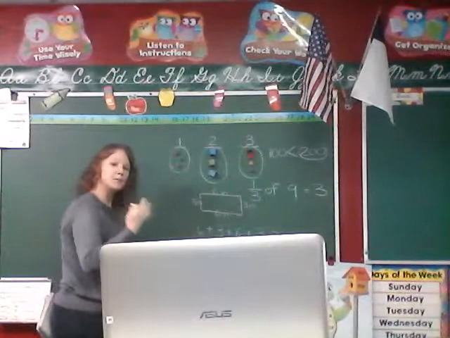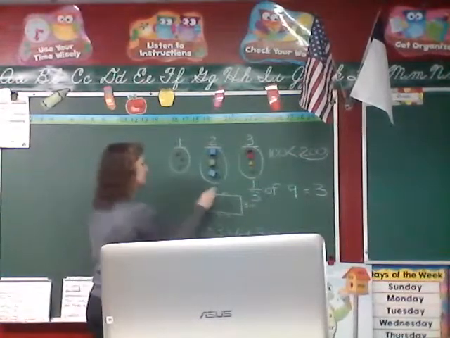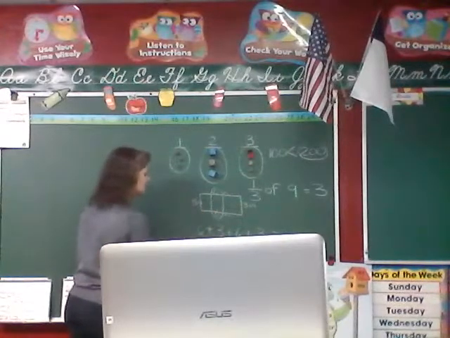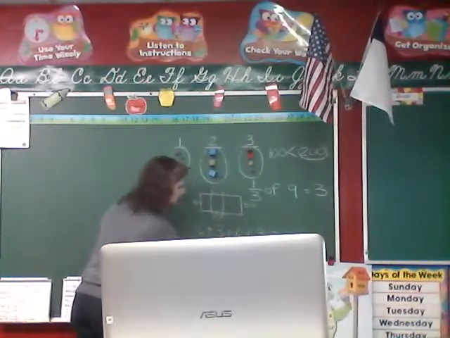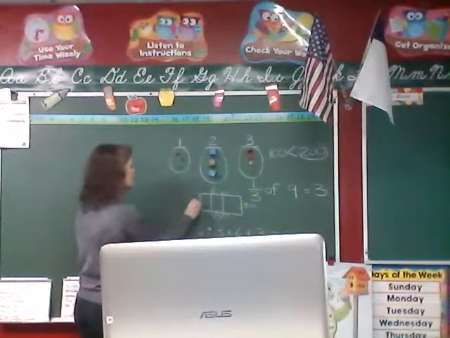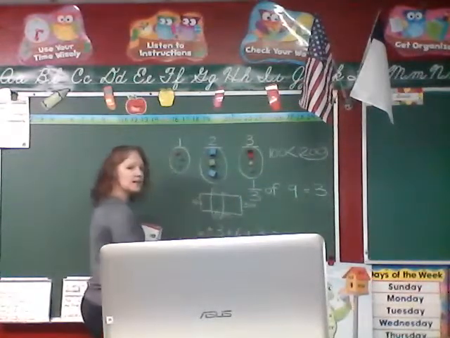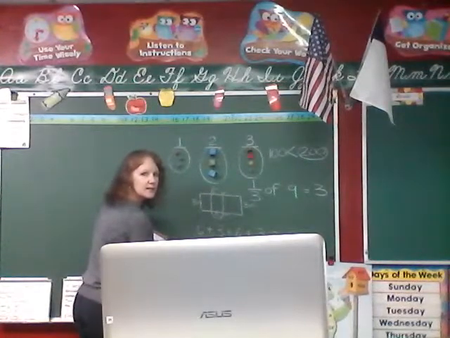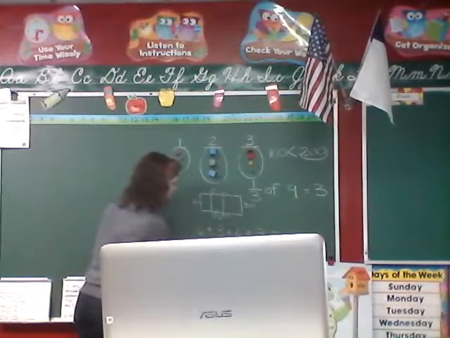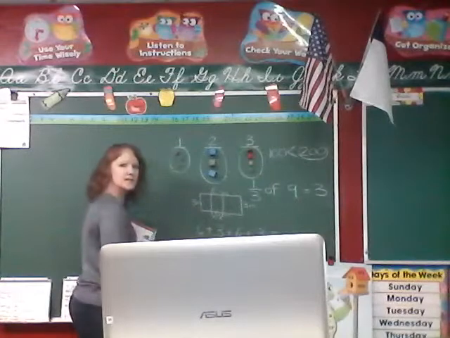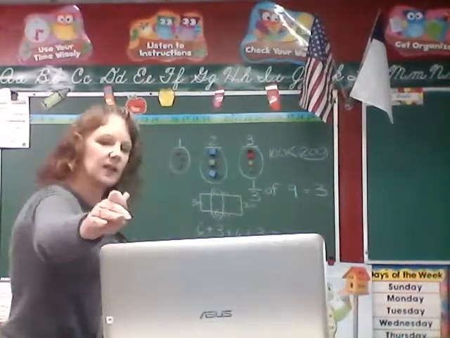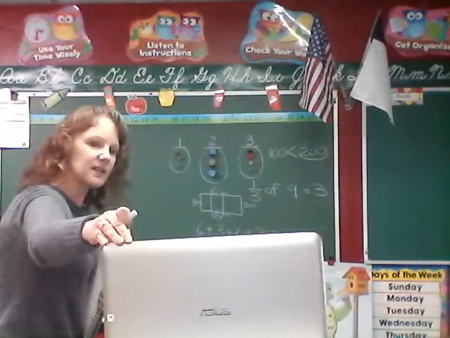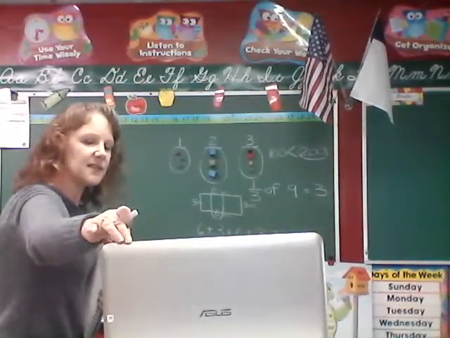But we can group them first. We know that the doubles are easy. What is 6 plus 6? 12. What is 3 plus 3? 6. So I don't know if you can see this, but 12 plus 6 equals? 18.